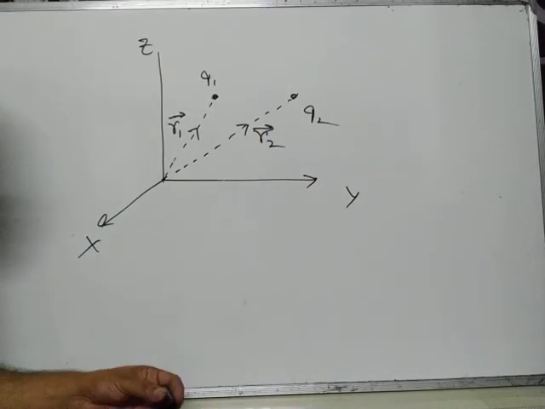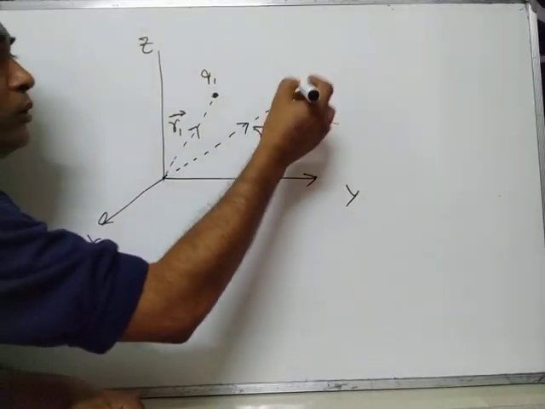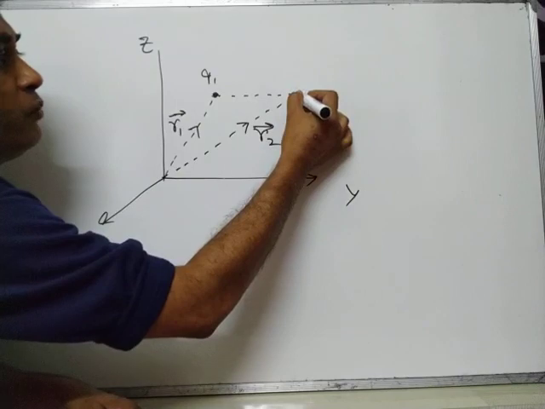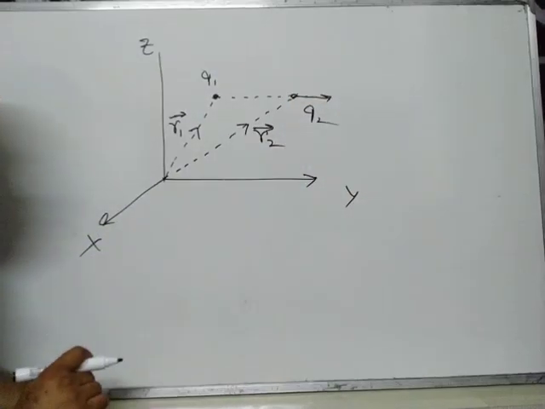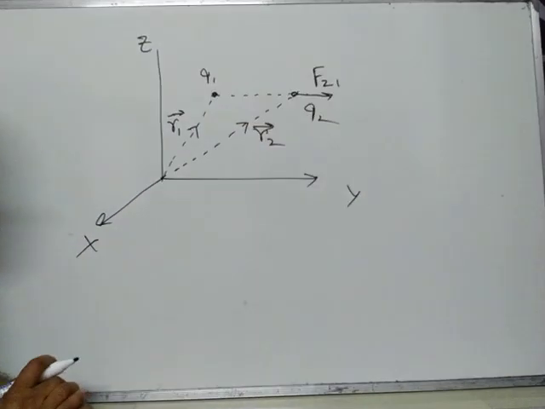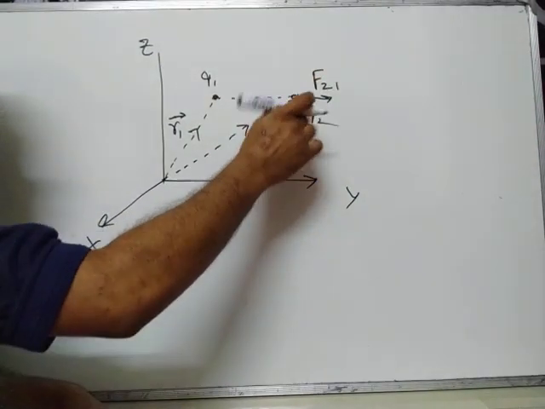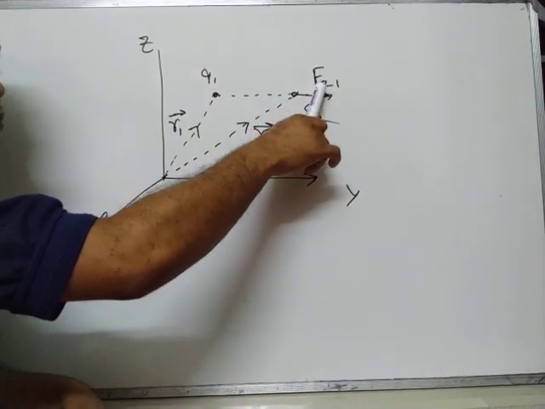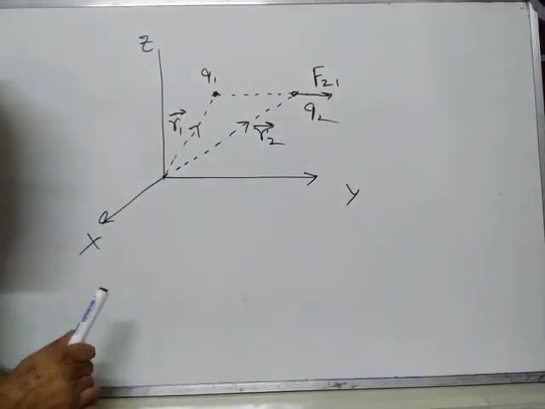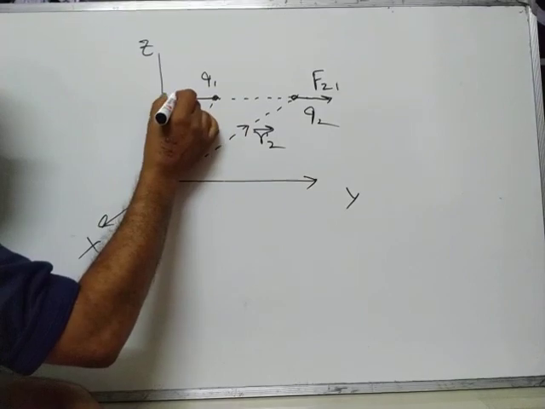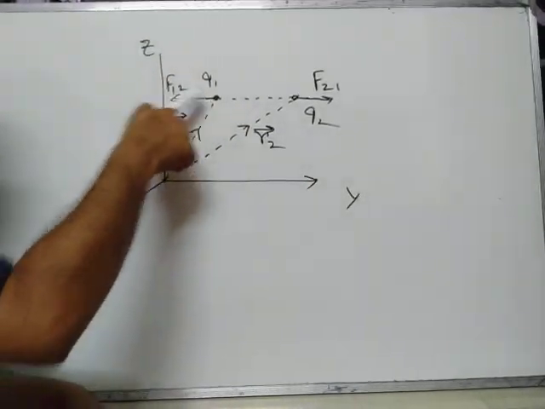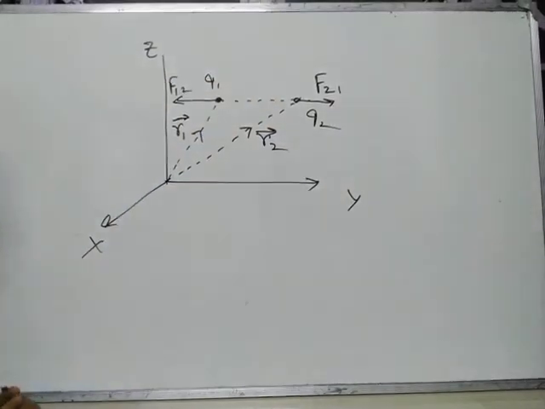Then what would be the force on q2? The force on q2 would be F21, such that F21 means force on q2 by the charge q1, and this is F12, that is force on q1 by charge q2.